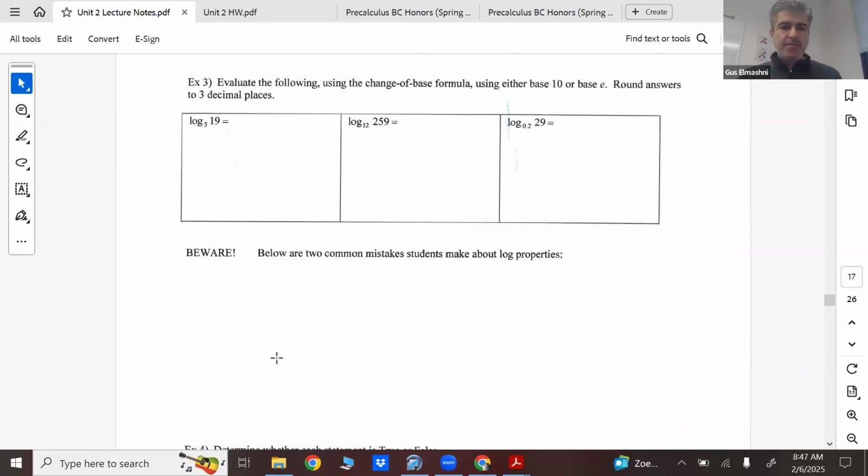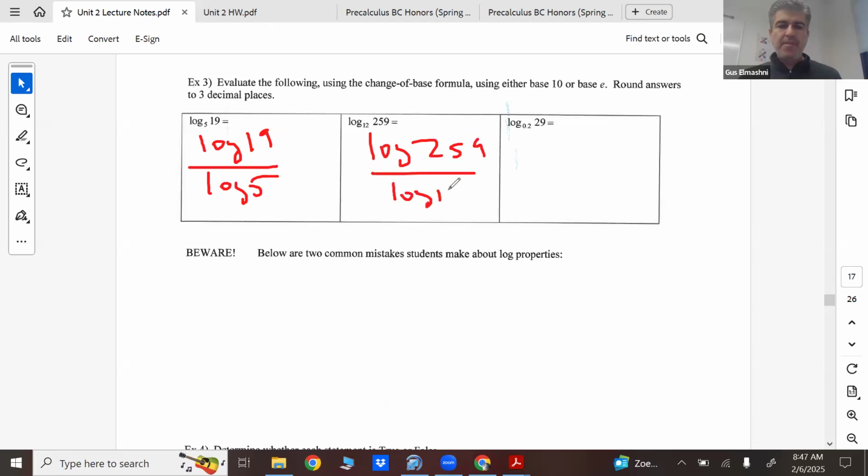So let's see here. Let's do common log. I trust you can punch this in the calculator just fine, so I'm not worried about that.